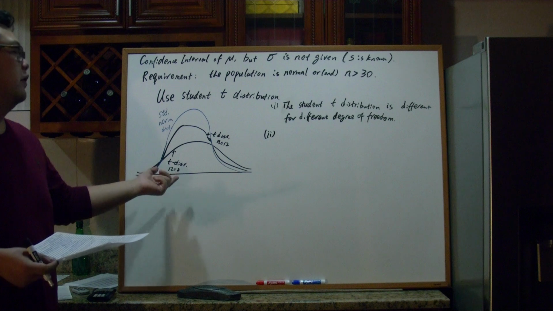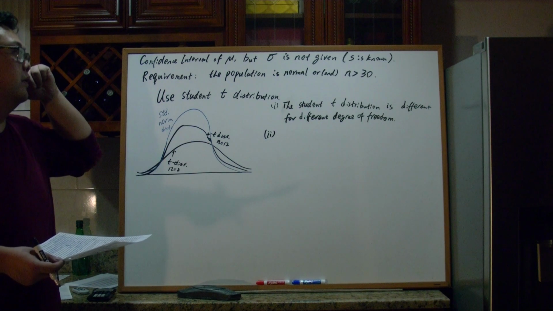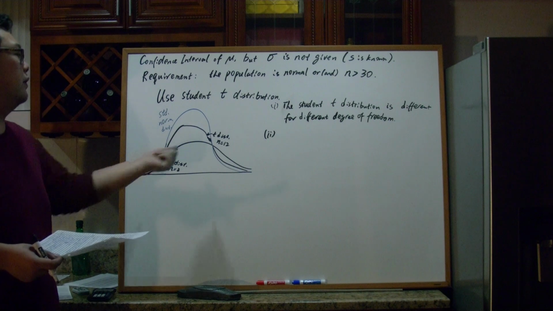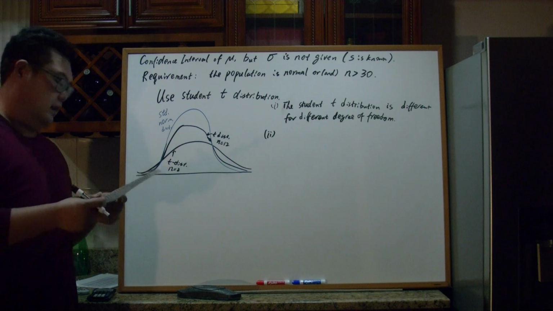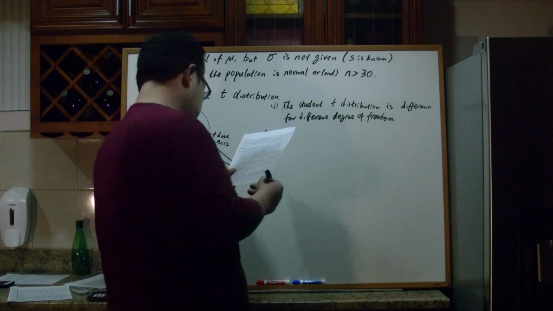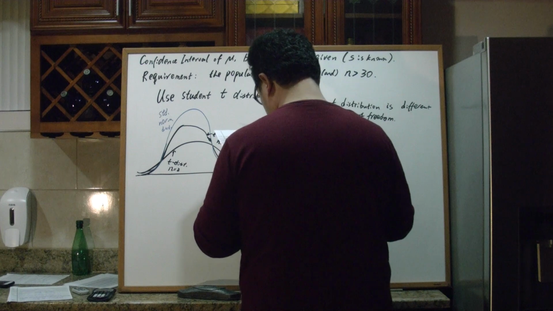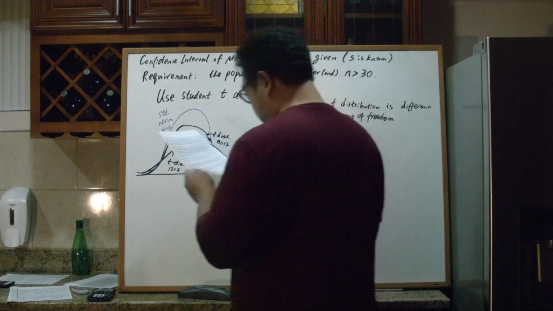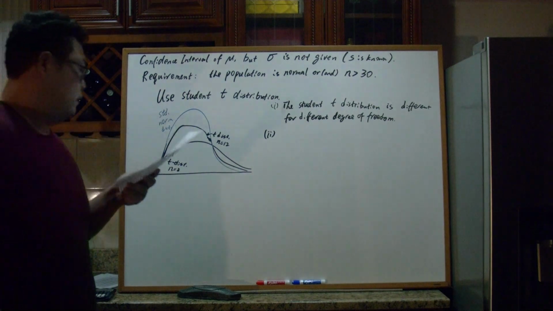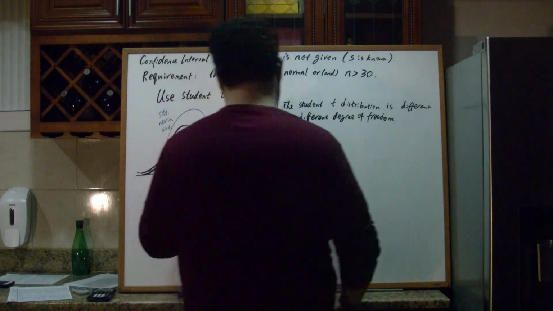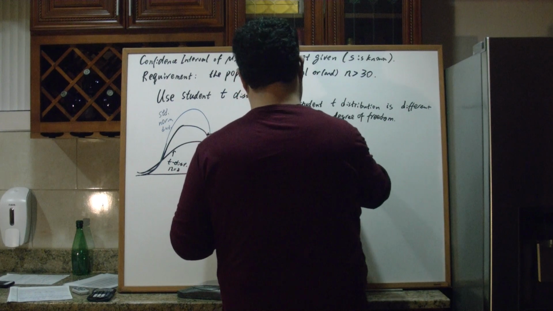So the degree of freedom for n data, when we use the t-distribution, will be only n-1.